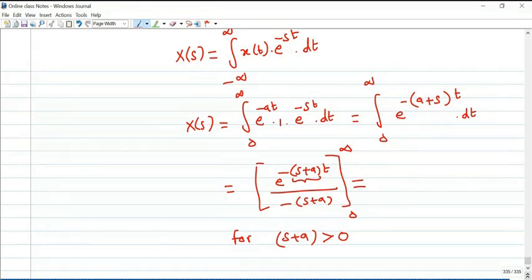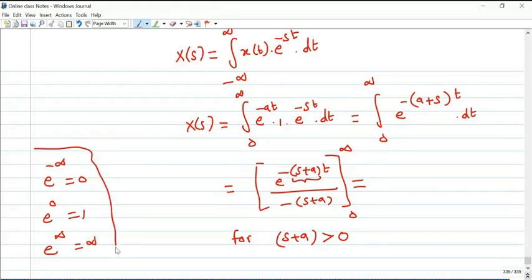If we substitute t value infinite, e power minus infinite is what? 0. Okay. E power minus infinite equals 0, e power 0 equals 1, e power infinite equals infinite. Please remember this. If s plus a term is greater than 0, then you will get e power minus t, so e power minus t is 0.